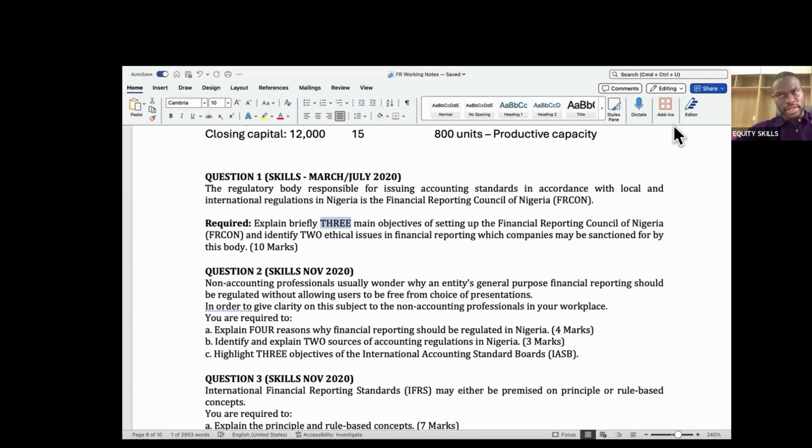So I painted these pictures to you. If a company does not do this, it's an ethical issue. FRCN can sanction such a company.